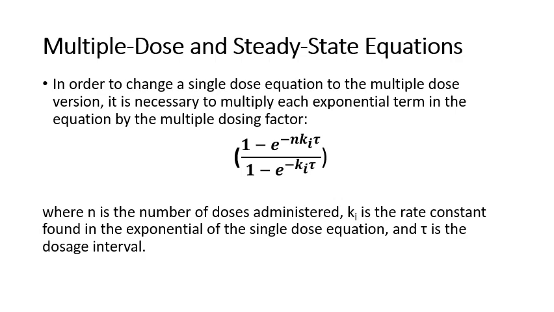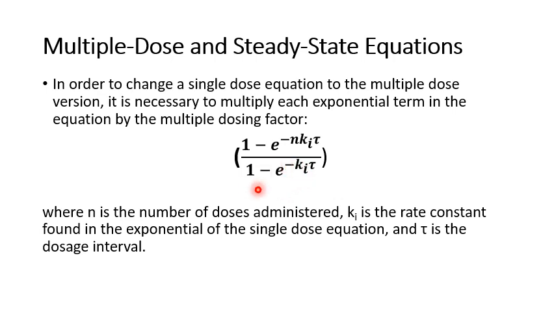In the case of multiple doses and the steady-state equations, in order to change a single dose equation to the multiple dose version, it is necessary to multiply each exponential term in the equation by the multiple dosing factor. The multiple dosing factor is 1 minus e to the power of minus n ki tau, where n is the number of doses, ki is the rate constant found in the exponential of the single dose equation, and tau is the time interval.